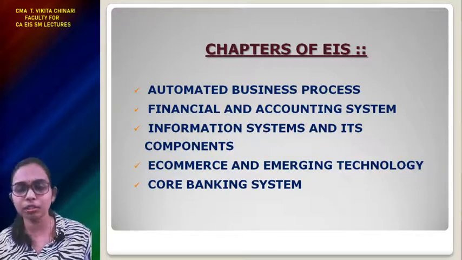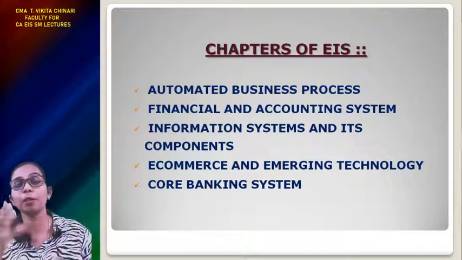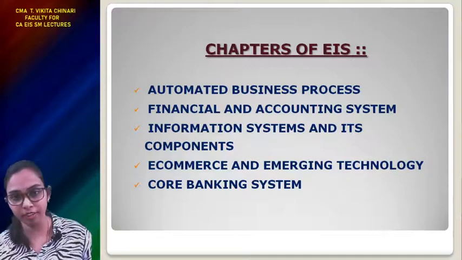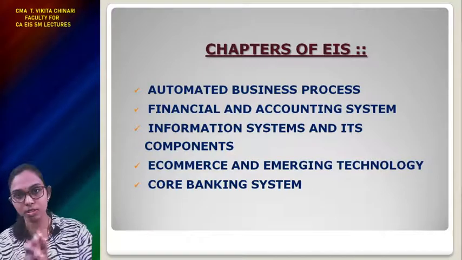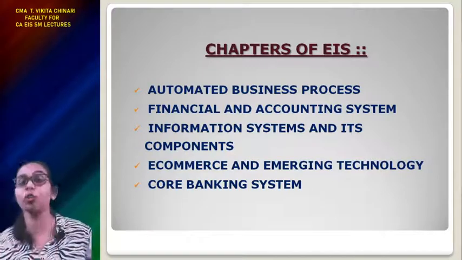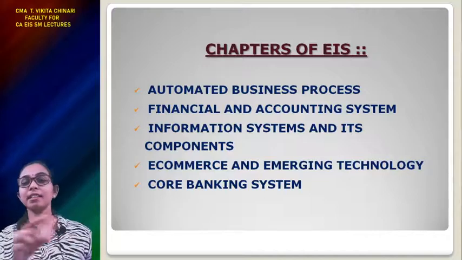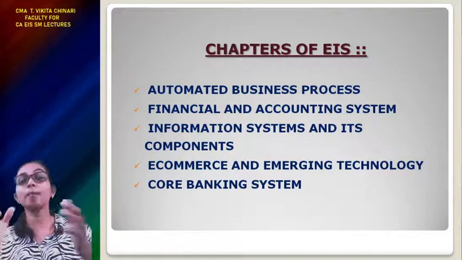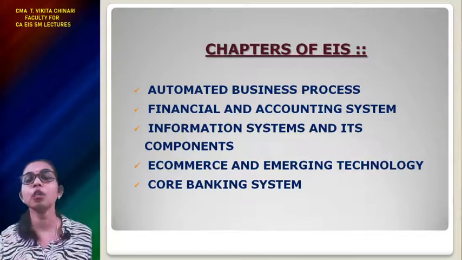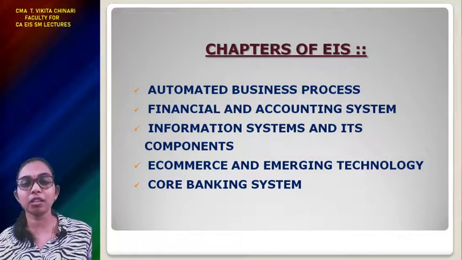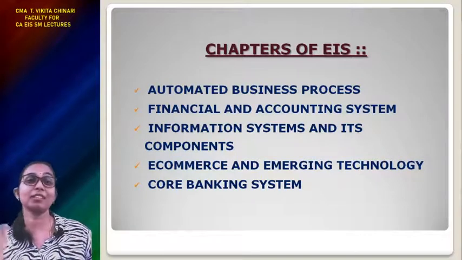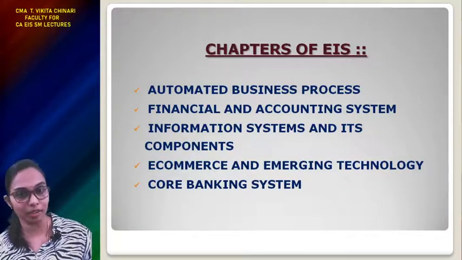So many departments are there in an organization to get a particular product in a beautiful way. How are different processes being automated? Automated means how easily they are managed with emerging technologies and new methods of information systems. That's covered in chapter number 1.